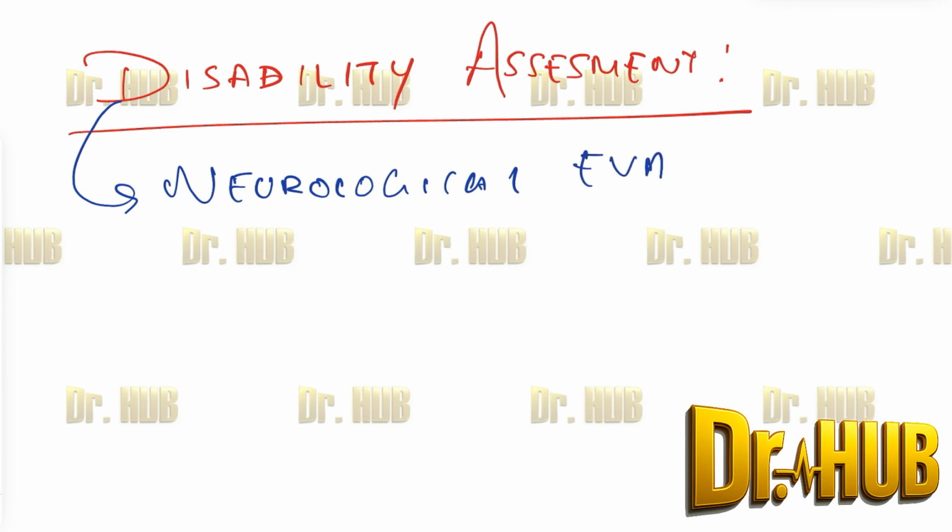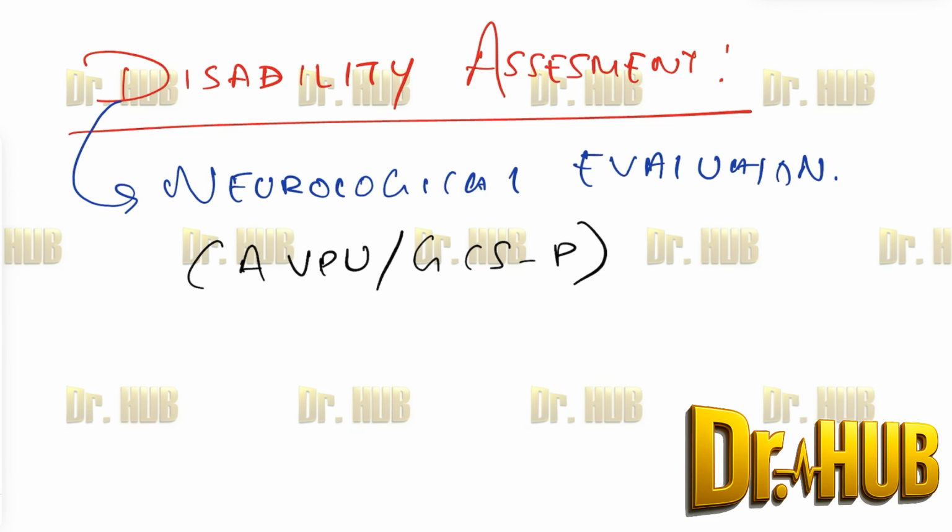Under this there are some gradings such as the AVPU or the GCS, or you can include the P as well, and also the blood glucose levels.